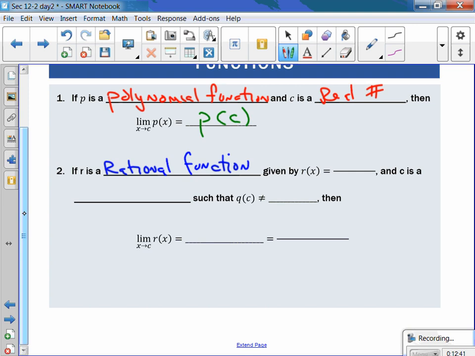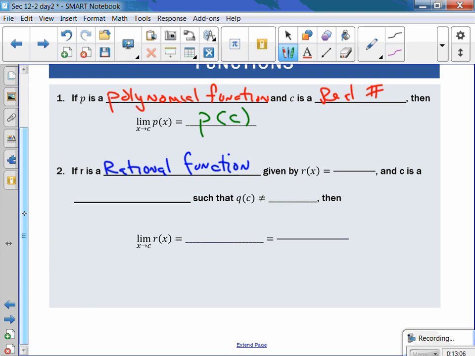I did say that word. Is being divided. When it's being divided. Yeah, a rational function means when I have a polynomial over a polynomial, right? I have a quotient of 2 equations or 2 expressions.